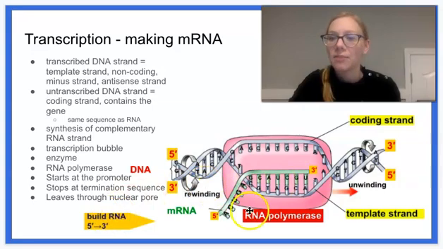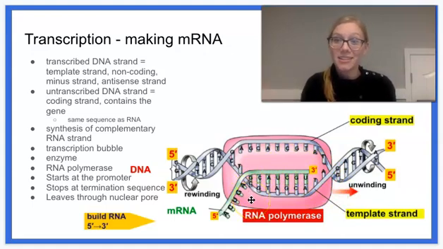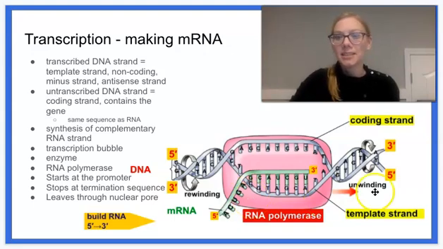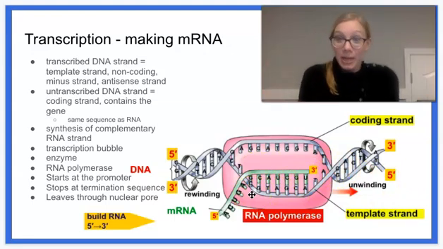If we build 5' to 3', that means we're reading 3' to 5' on our DNA strand. RNA polymerase will add these RNA molecules one at a time, just as we saw in DNA replication with DNA polymerase. And then when it's done, this mRNA sequence will release. If it's a eukaryotic cell, we'll go through some modifications, but it's pretty much done there.